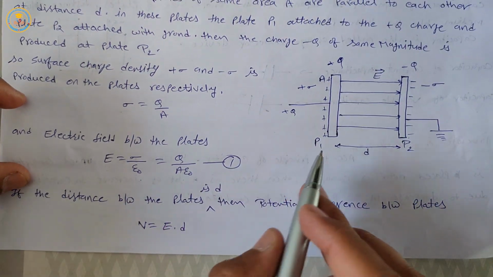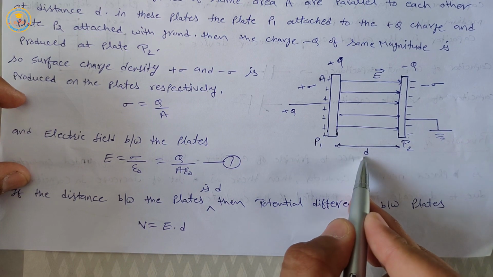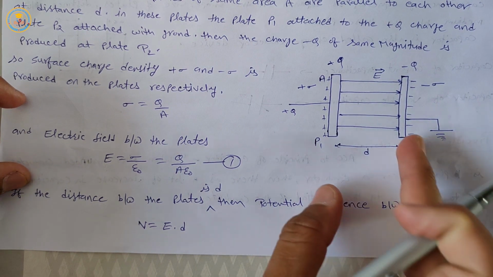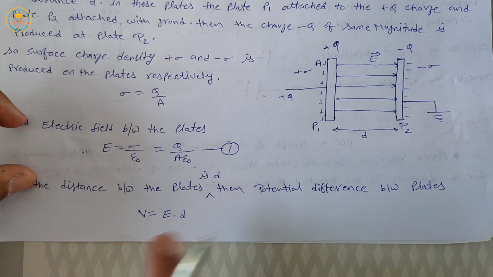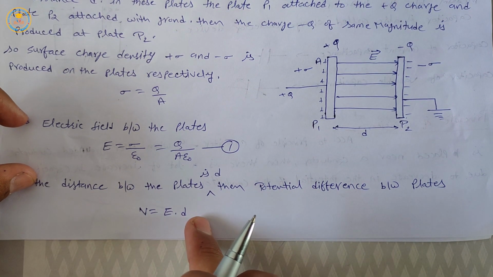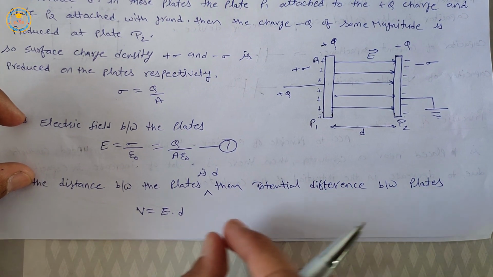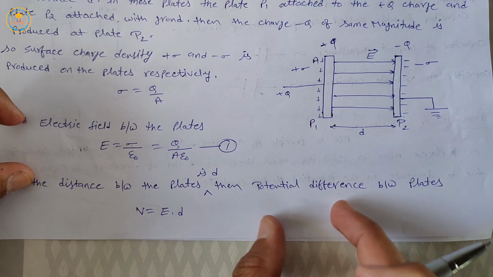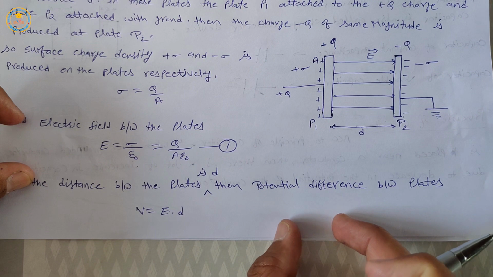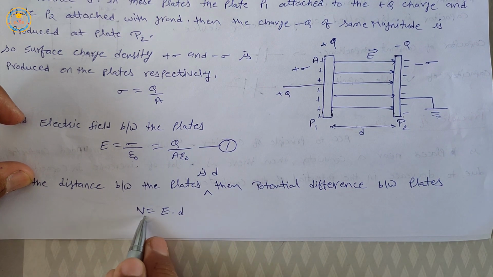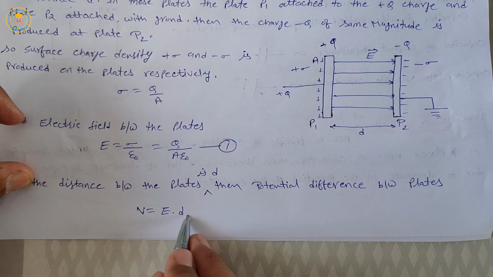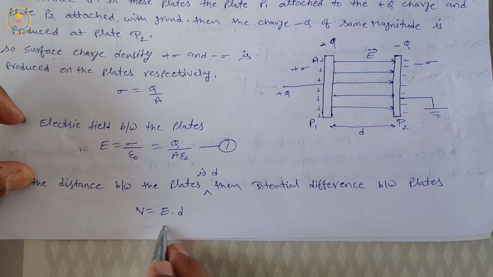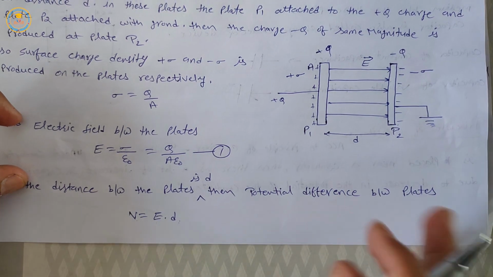If the distance between the plates is d, then the potential difference between the plates is V equal to E into d. From the equation E equals KQ upon R squared, and we know that V equals KQ upon R, so V is the electric field multiplied by distance, meaning R is replaced by distance d.